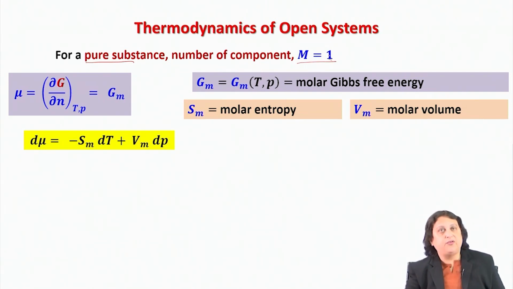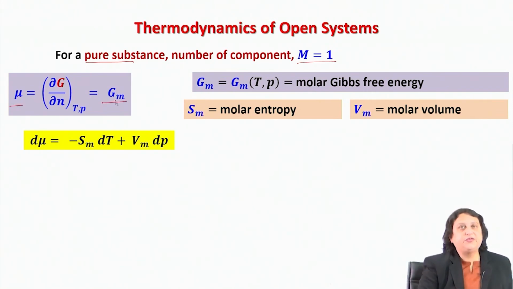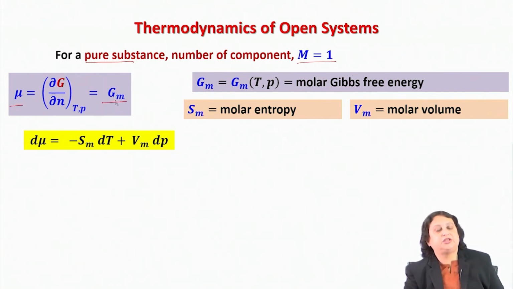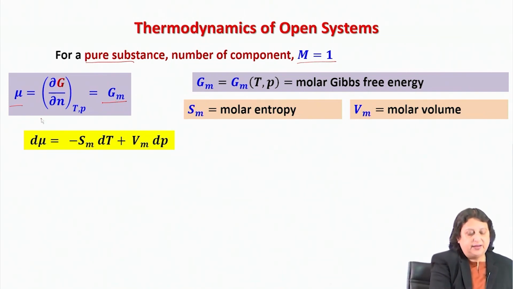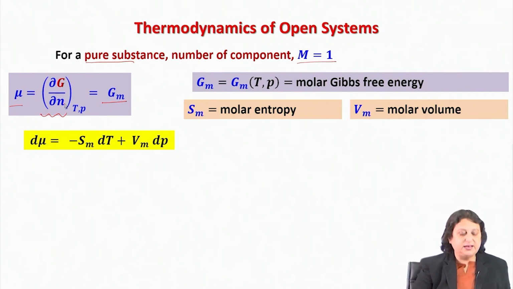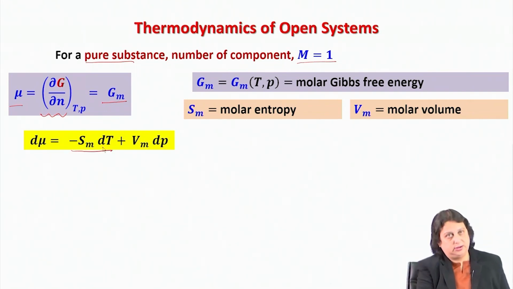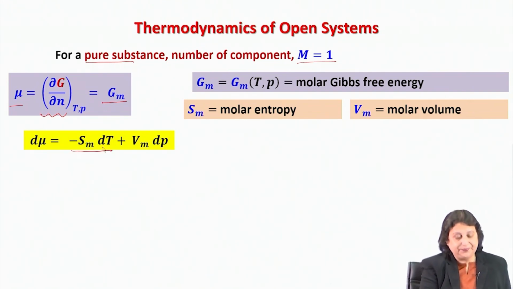So in this case, we have already shown that mu is nothing but the molar Gibbs free energy at the given temperature and pressure at which I have taken this partial derivative del G del N. Therefore, using the dependence of Gibbs free energy for one mole of a substance on temperature and pressure, I can very easily write down d mu is equal to minus Sm dT plus Vm dP.